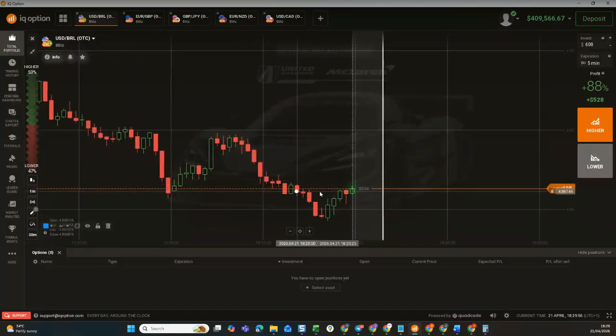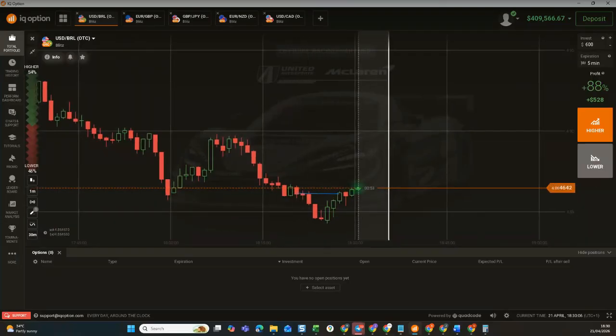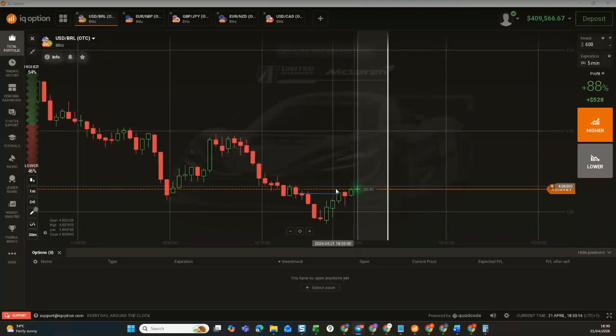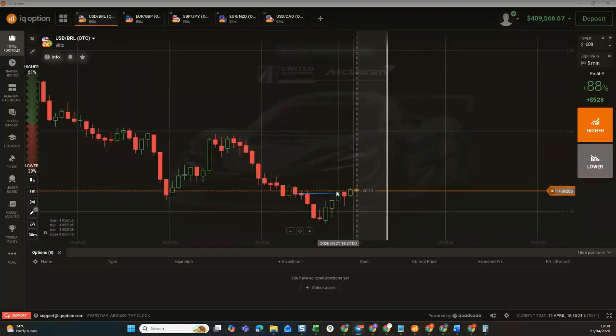Let's say you sold around this area, and during that 5 minutes, the trade never got to finish. When the trade got to finish, it never stayed below your entry.